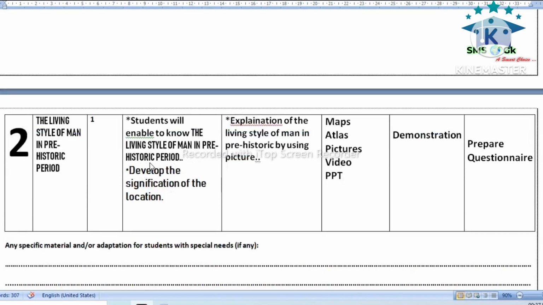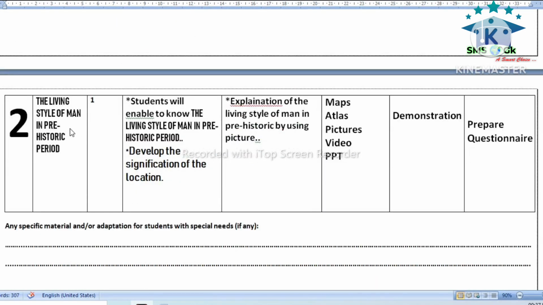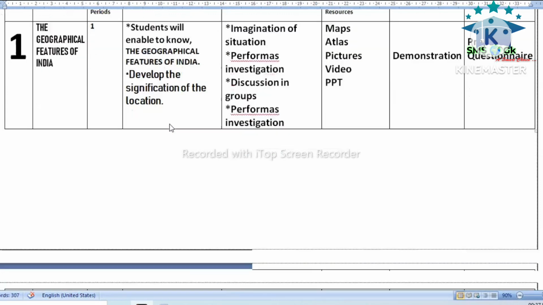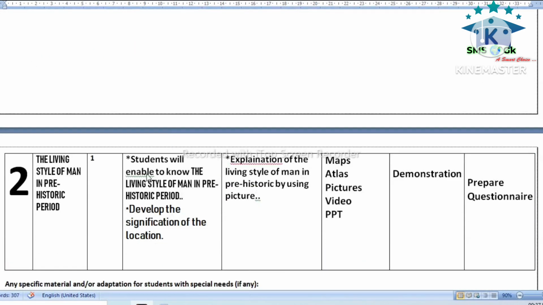And the second topic is the living style of man in the prehistoric period. Here also I took one period, and the specific learning objectives are: students will be able to know the living style of man in the prehistoric period, and develop the significance of the location.